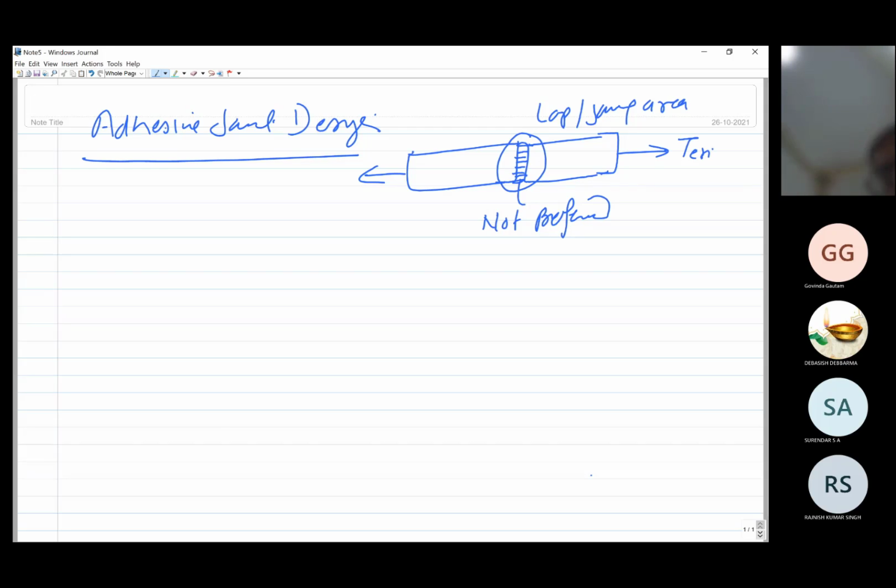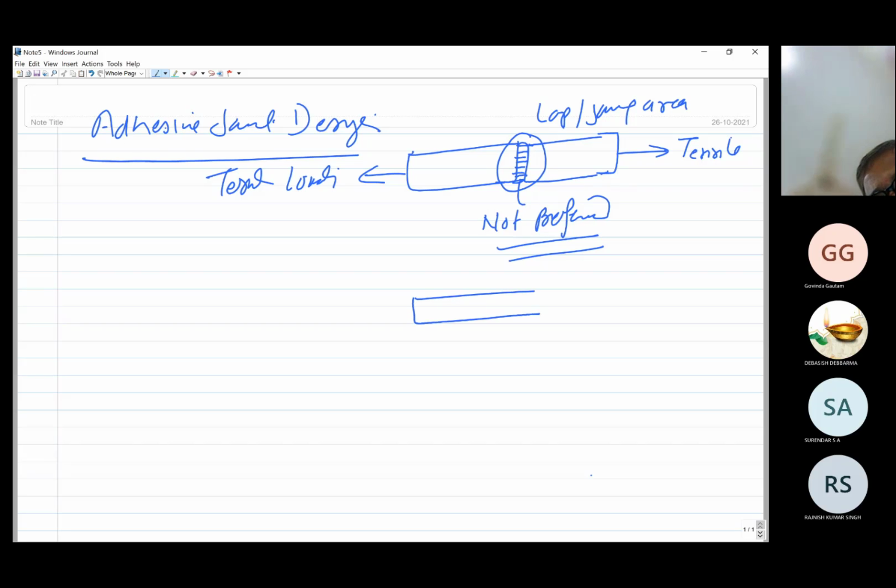But this is the typical tensile loading condition. Because of the limited joining area, this type is not preferred. Certainly the preferred one is the lap joint. In the case of the lap joint, you apply tensile load, but it experiences shearing. So you can call this shear loading.